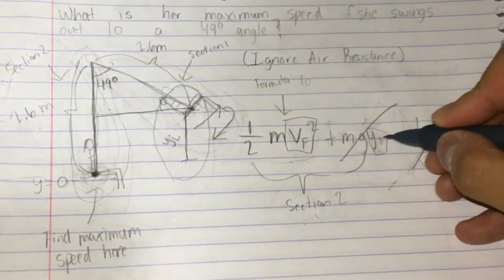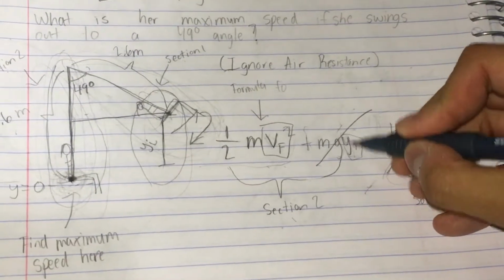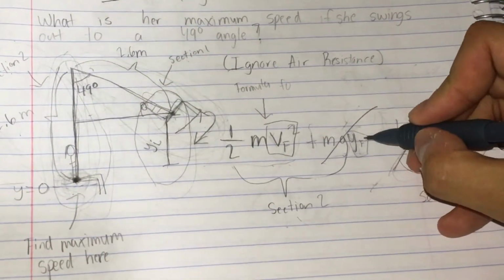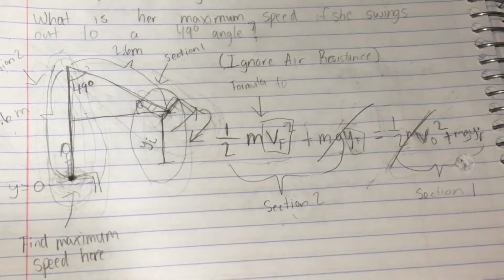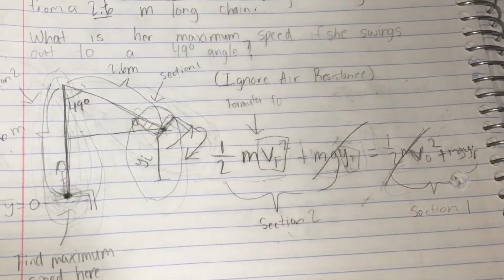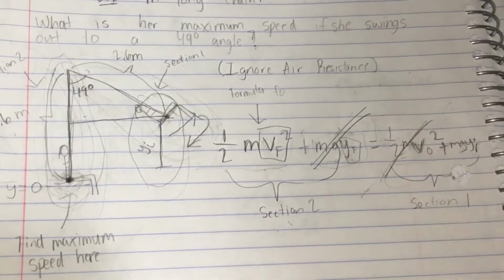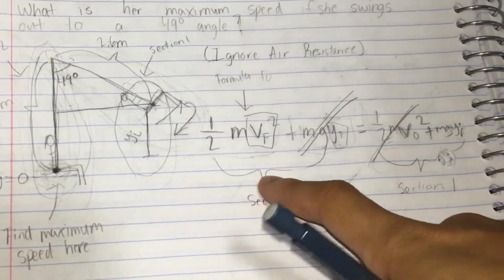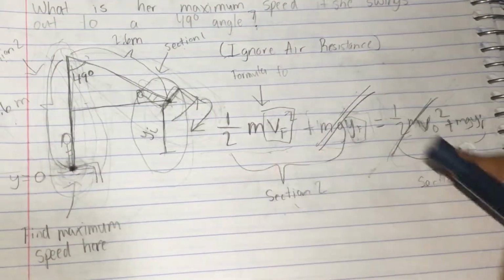You plug in 0 for the final height in the gravitational energy formula for section 2. This term would equal 0, so you can cross that out. So we rewrite the whole expression here.